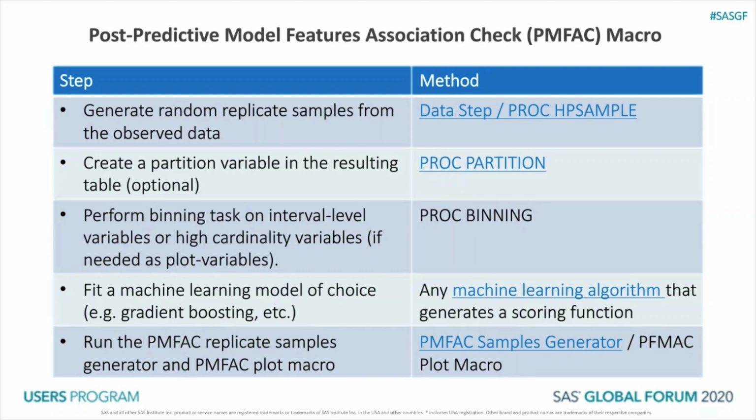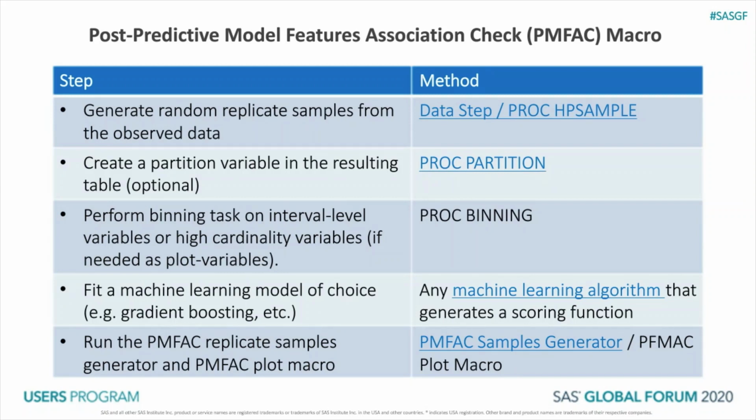We can use proc partition to do that. And another optional step is using the proc binning to bin high cardinality variables or interval level variables into variables with smaller categories if we need to use them as plot variables.